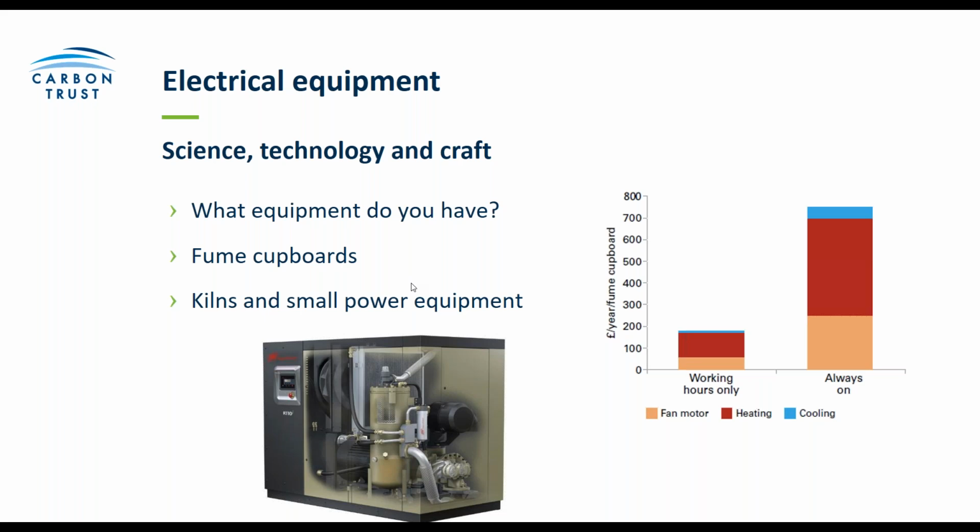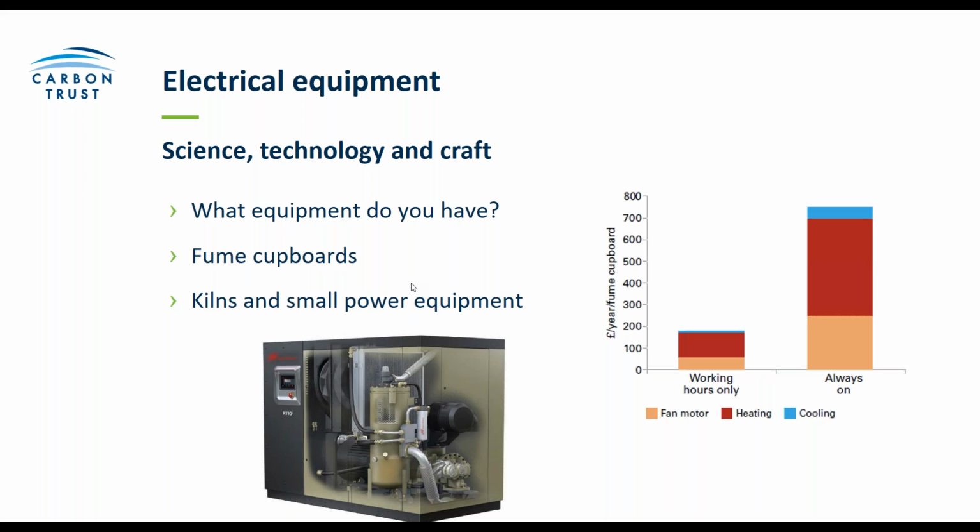Key things usually would be making sure that you have set the right sash height on the fume cupboard. So inappropriate sash heights will increase the energy use, as well as just be fairly ineffective in terms of the extraction of fumes. So make sure that's set appropriately.